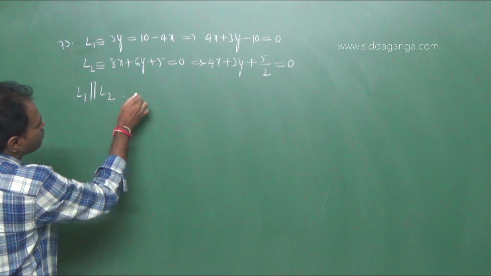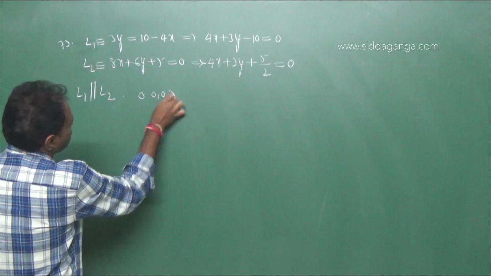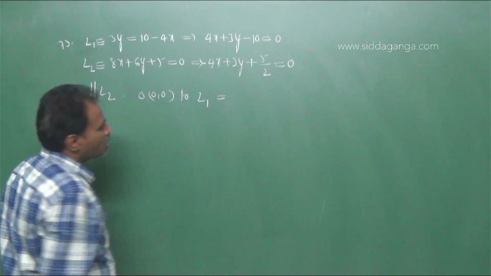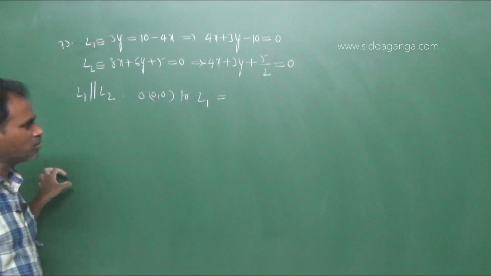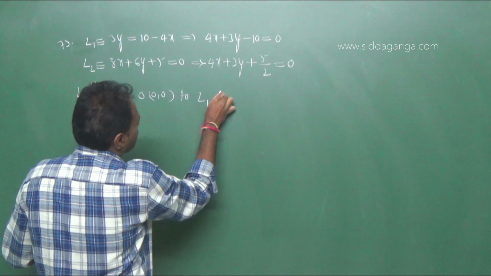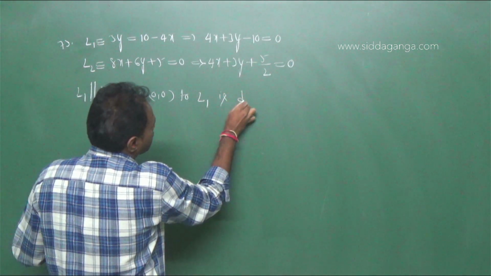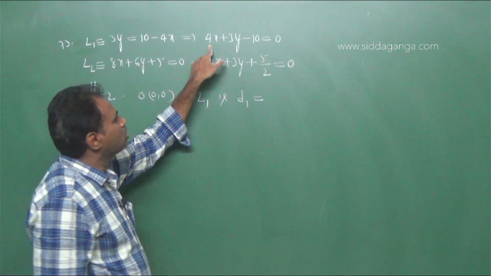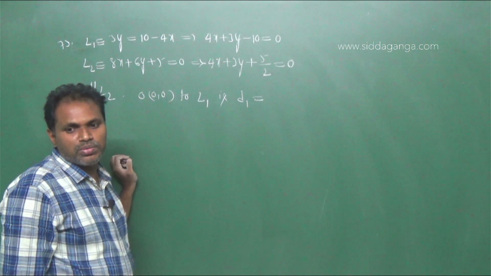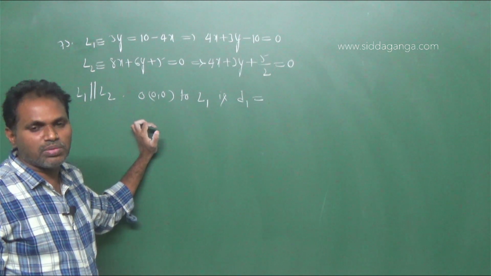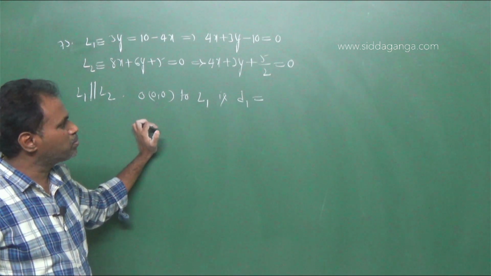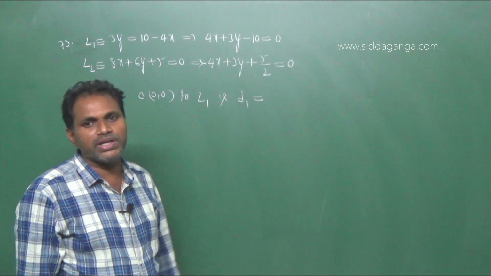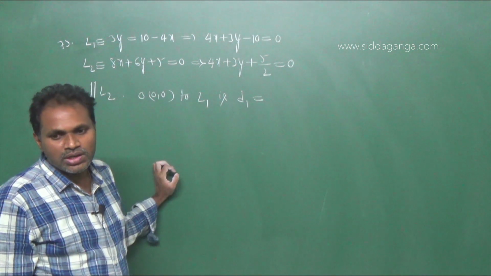Therefore, first I find the origin to first line distance, taking it as D1. The distance from a point (x1, y1) to the line Ax plus By plus C equal 0 is mod of Ax1 plus By1 plus C by square root of A square plus B square.